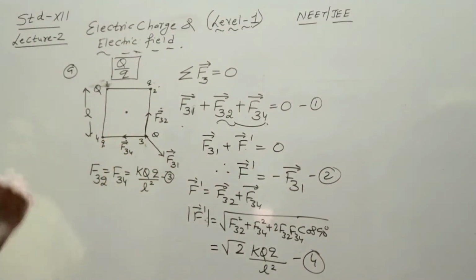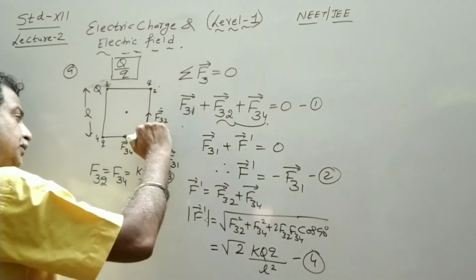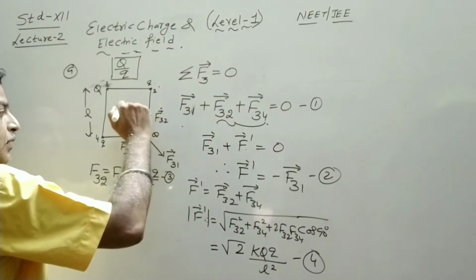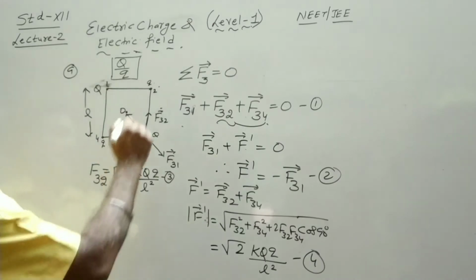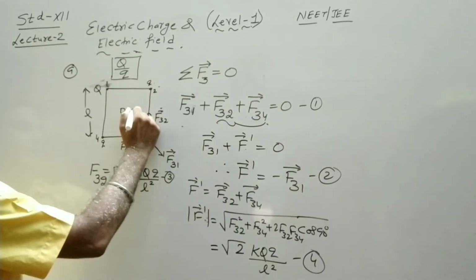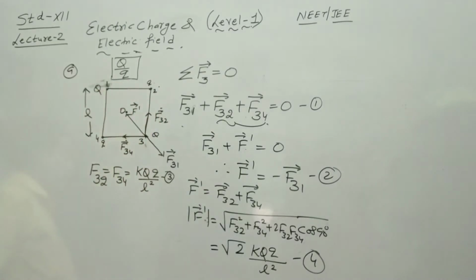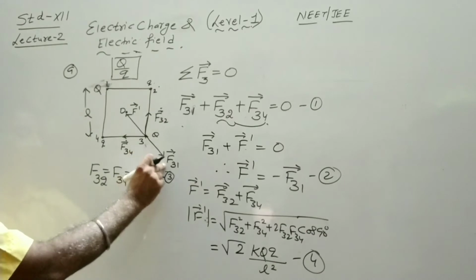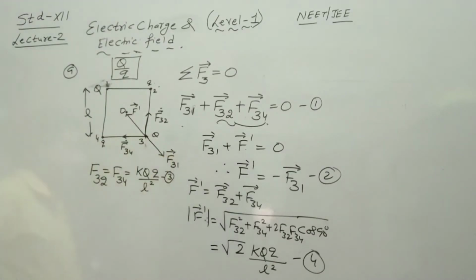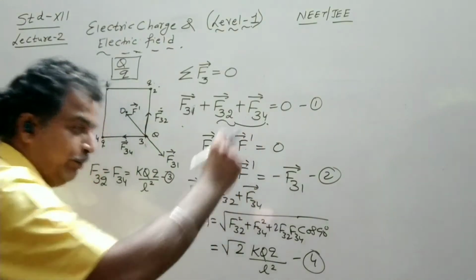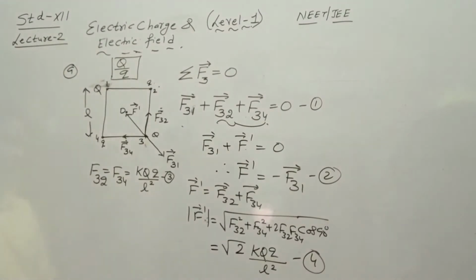Now if I take this resultant, let this be the center and this is F dash. In order to get the resultant force to be 0, F31 has to be in the opposite direction. It is also clear from this equation.